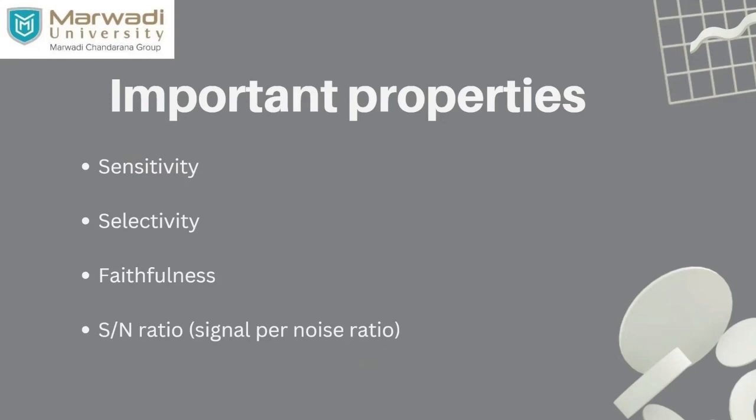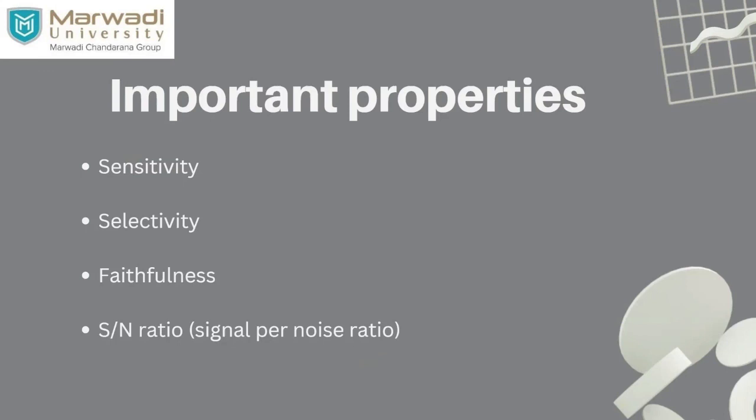After that, faithfulness. From the power amplifier or the RF amplifier, the signal should be properly amplified at only one level. One level means there should not be ups and downs in the level, in the frequencies, in the bandwidth. So it has to be properly amplified. And after that, the S by N ratio, signal to noise ratio.